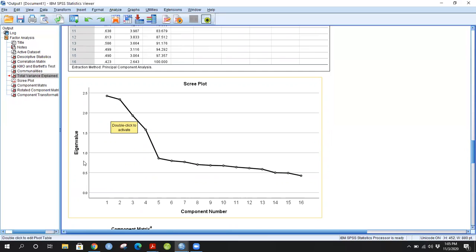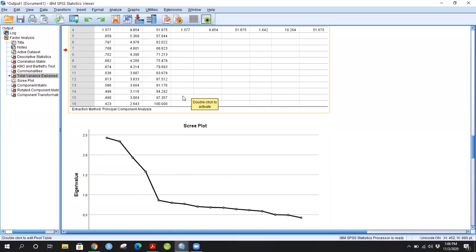We see that eigenvalue is 1 or greater than 1 for factor number 1, 2, 3 and 4. Only up until this point we have an eigenvalue greater than 1. So we are going to retain all of these components till factor number 4. And that was our solution from this table as well.